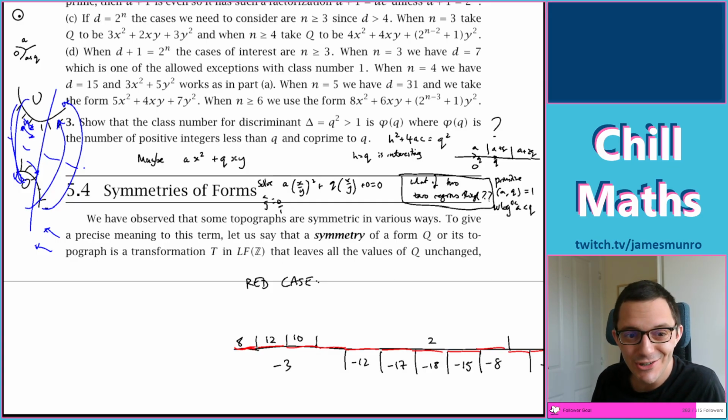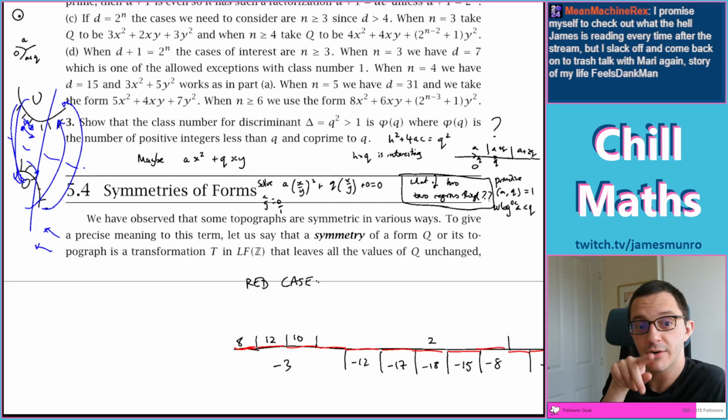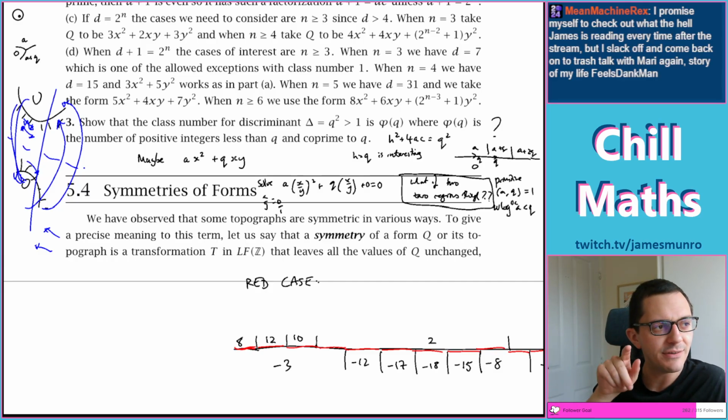So the reason you don't get 2 bits like this in the topograph of a quadratic form is that if it were possible to do a transform on this quadratic form such that it mapped one of the points that went from 0, a plus q to the other one, then you could do that transform again. And the transform will give you a different quadratic form. And it would take that point somewhere else.